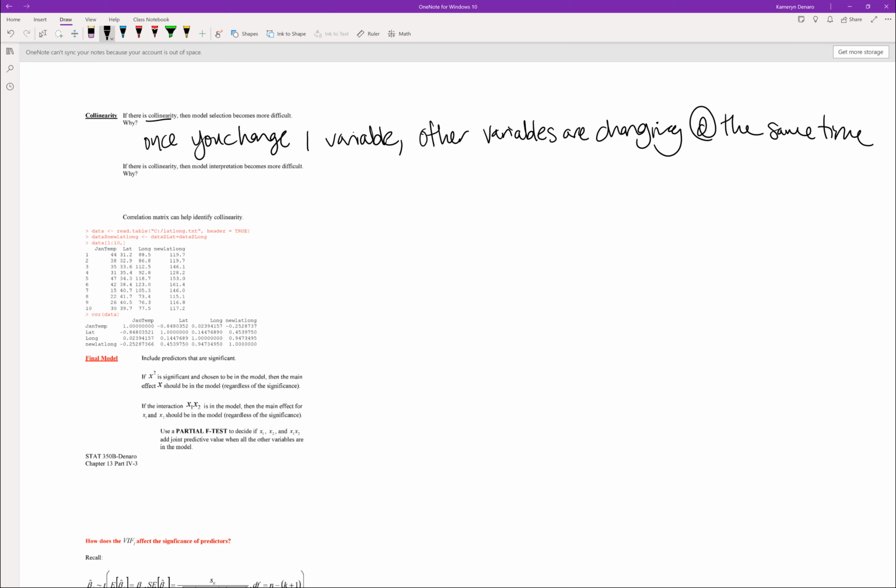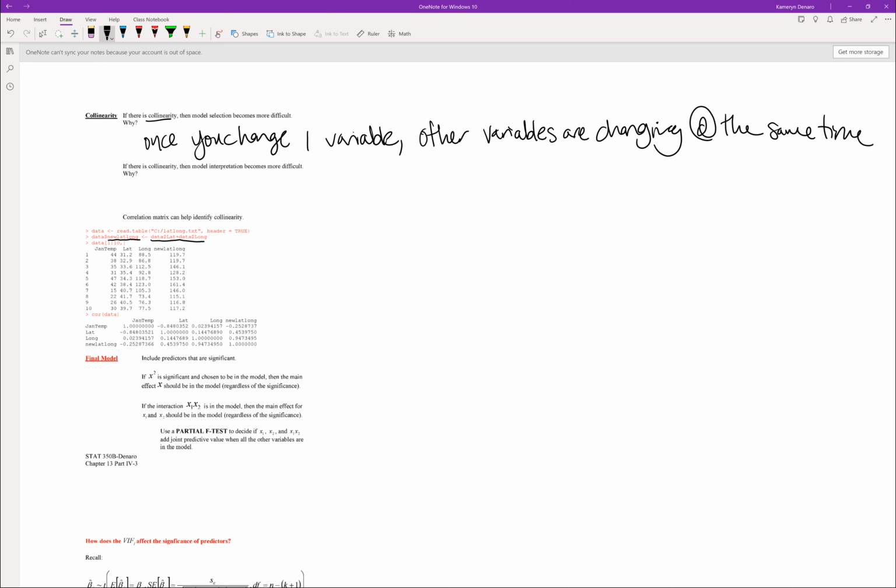So with our latitude and longitude data set, we can create a new variable called new lat long, which is really just the summation of the latitude plus the longitude. Now, in this case, we are purposely creating a variable that is collinear with the other variables.